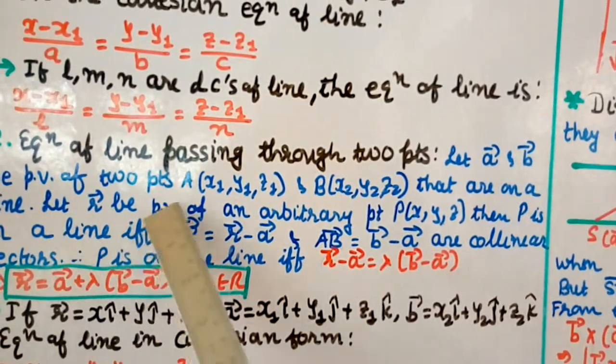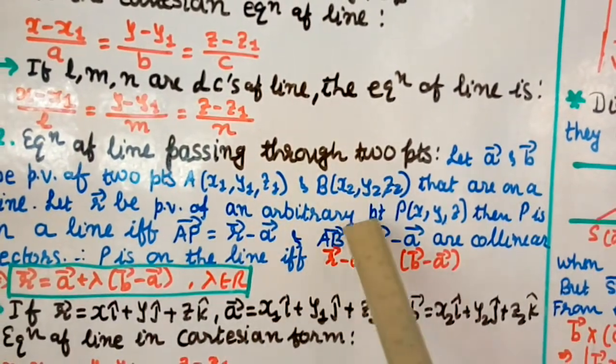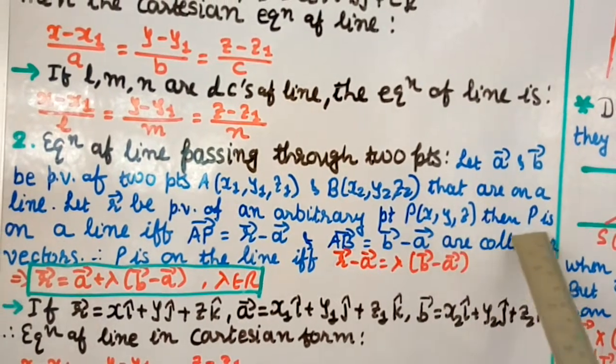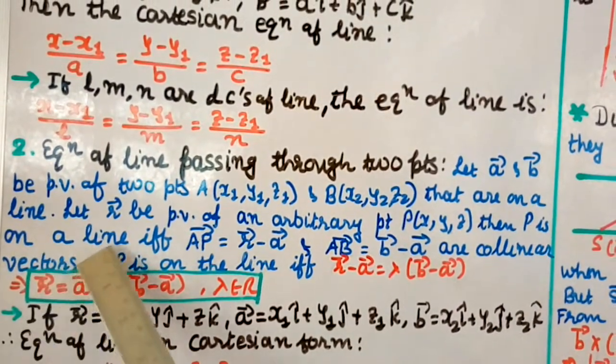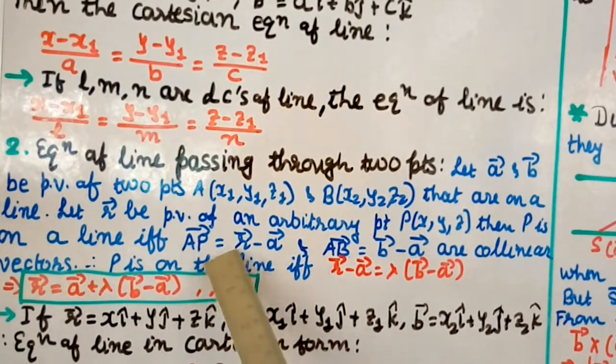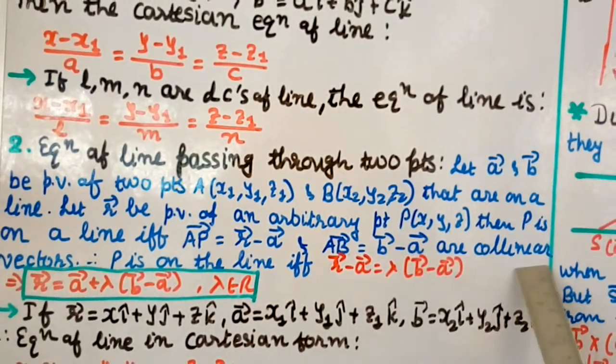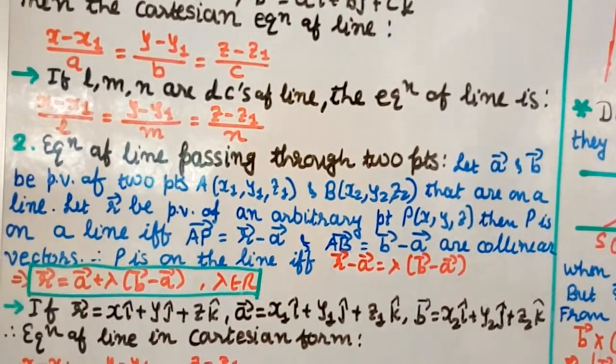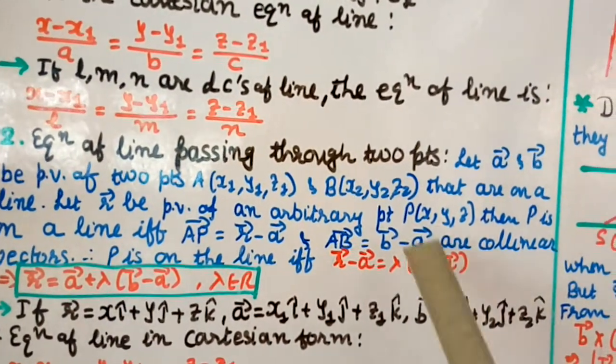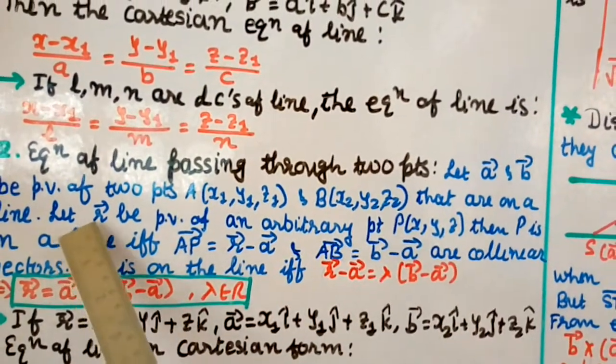Let r be the position vector of any arbitrary point P (x, y, z), then P is on the line if and only if AP equal to r minus a and AB equal to b minus a are collinear vectors. Now we take any point P (x, y, z), with the position vector r.